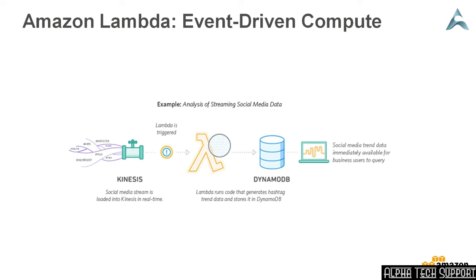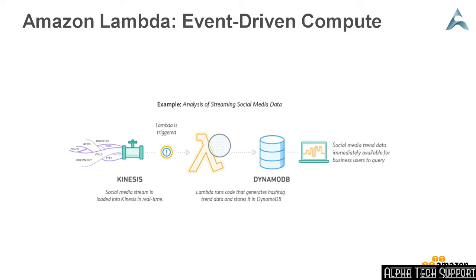You may define a certain hashtag trend. For example, if you want to analyze a single hashtag, for example, hashtag Trump for president, then you can fetch all the information on what people are saying based on this hashtag, and all the information analyzed by Kinesis is kept in the DynamoDB for further analysis.